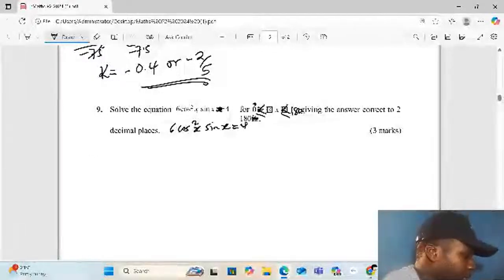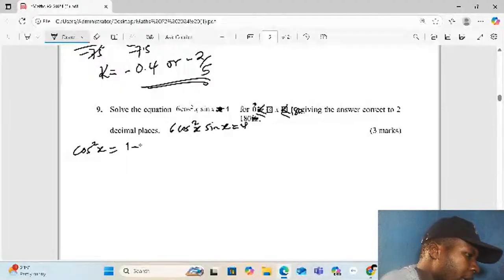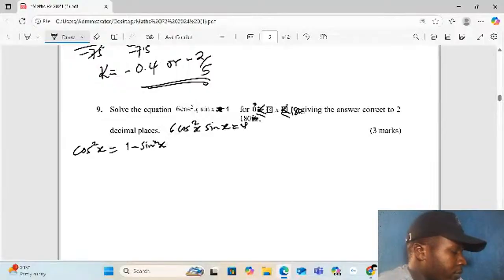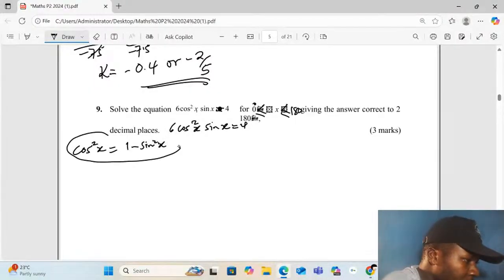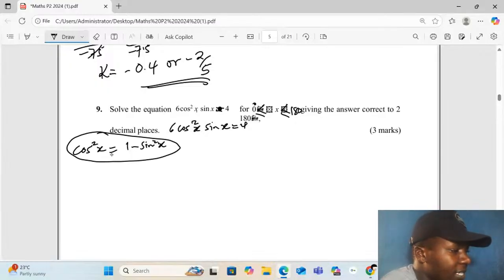Now we can remember that cos squared x is equal to 1 minus sin squared x. Therefore, we are going to substitute.